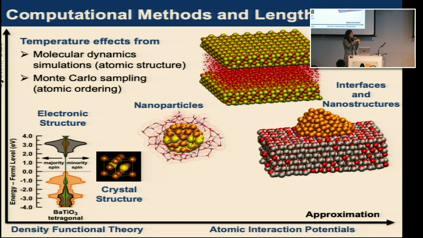This is, for example, water, or even larger scale, like a very complicated interface and also nanostructure. And if you really want to go to realistic conditions, we also have to do, for example, molecular dynamics simulation or Monte Carlo simulation for extensive sampling, and this also includes temperature or pressure.